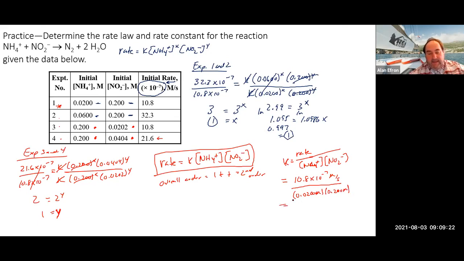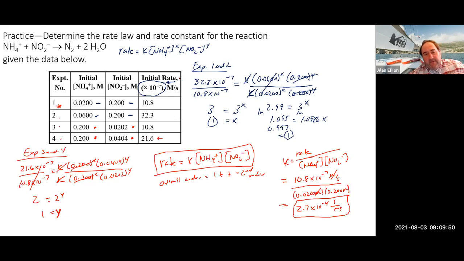That ends up getting us 10.8 to the minus 7 divided by 0.02 divided by 0.2, and looking like we are ending up with a 2.7 times 10 to the minus 4, 1 over molar seconds, which again is what we're left with when one of these cancels. And that would be the value of our rate constant.